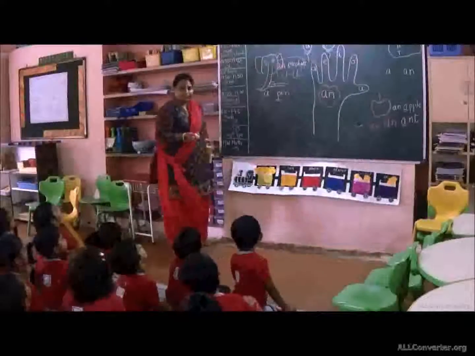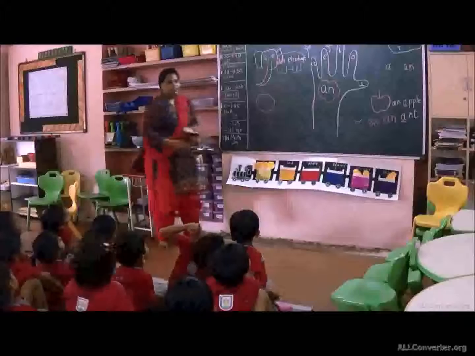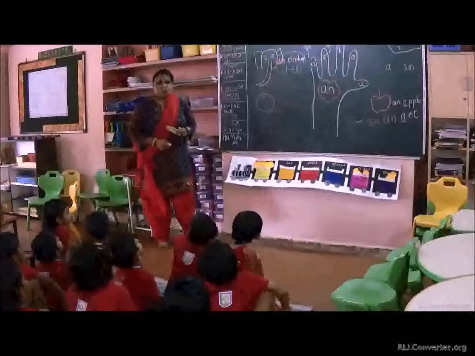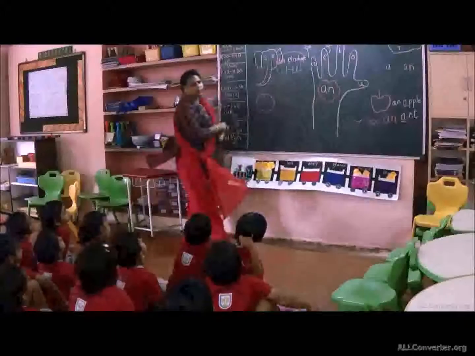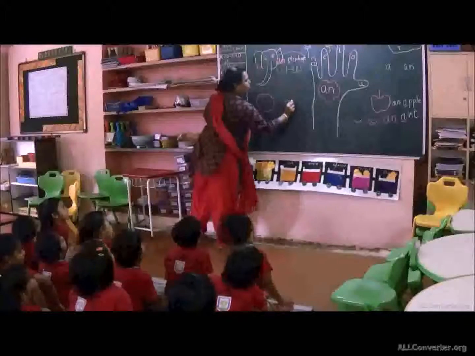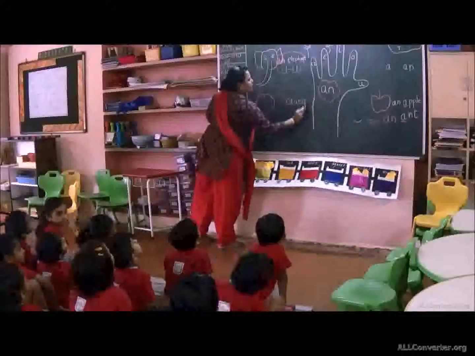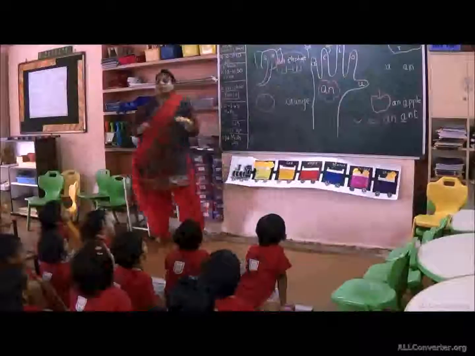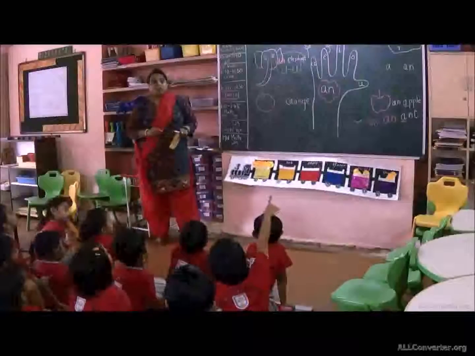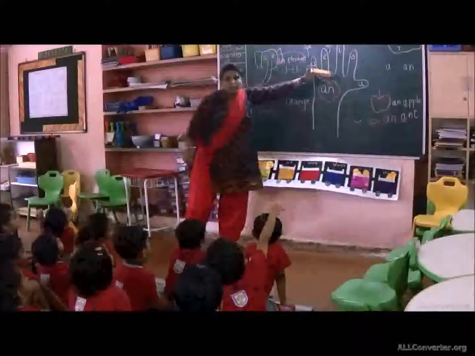One more example, okay? It's very easy, I'll teach you. What is this? Orange. Should I write the spelling of orange? What will come here, a or an? O is there in the vowels, so an will come.